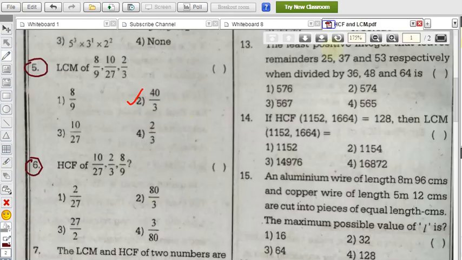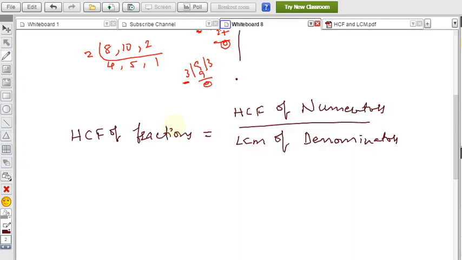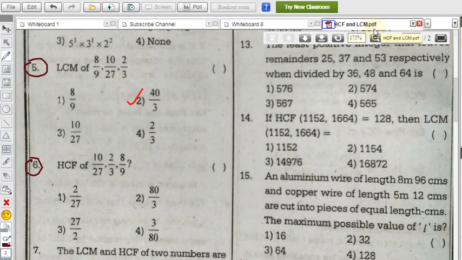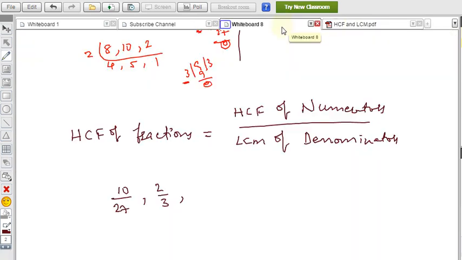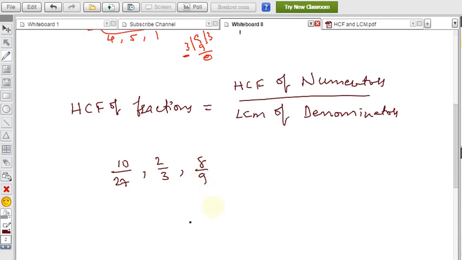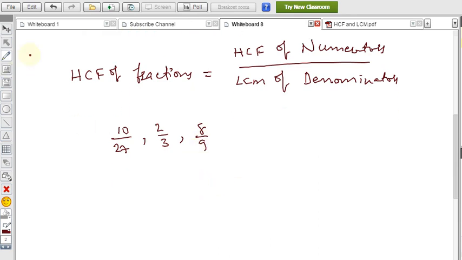Let us take this example. HCF of 10 by 27, 2 by 3, 8 by 9. So according to the formula, HCF of numerators.